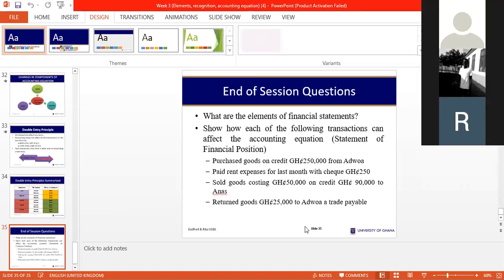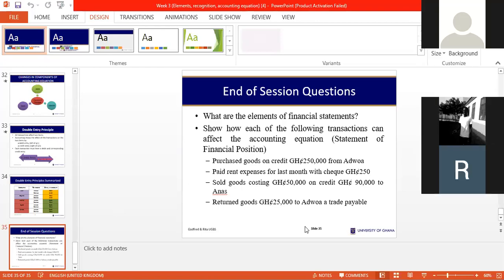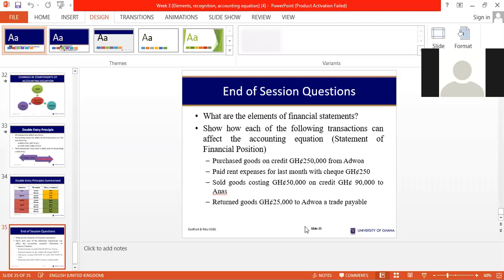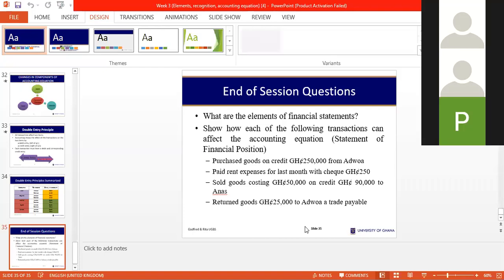It will cause a decrease in assets. Why do you think it will cause a decrease in assets, Moses? Yes, Moses. Janice, what do you think?